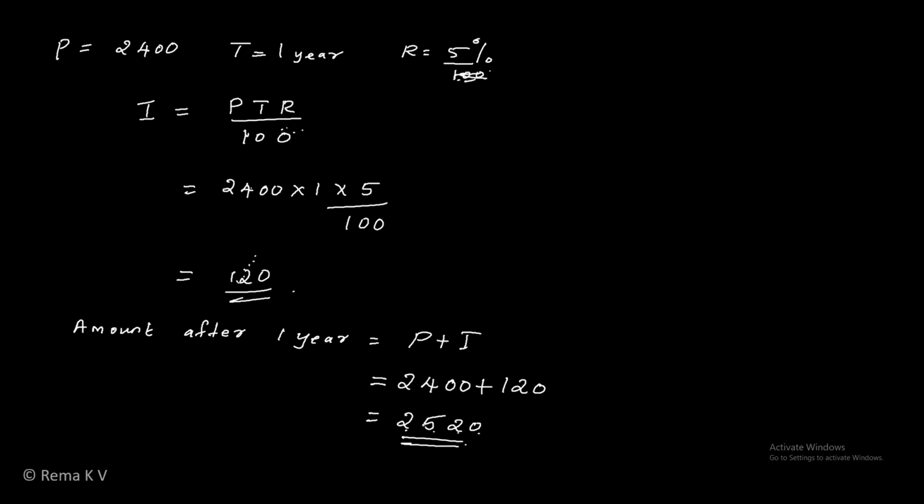So the amount after 1 year, 2520, is to be considered as the principal amount for the second year. So the new principal is 2520. Time is again 1 year, and rate is the same, 5%.